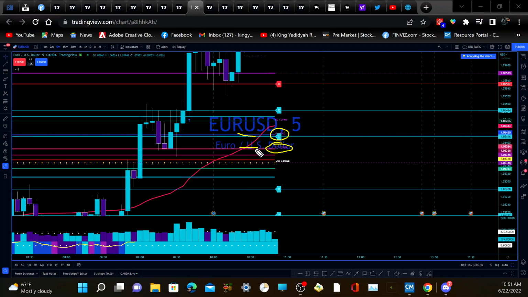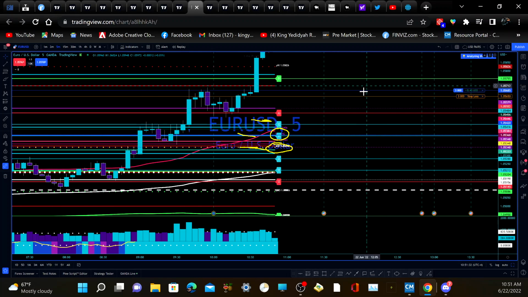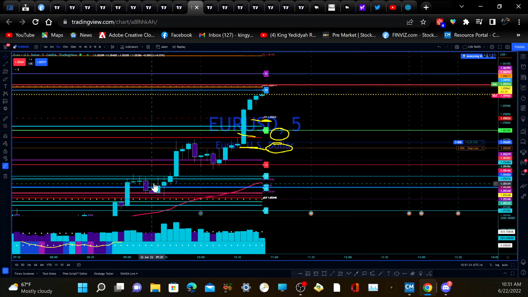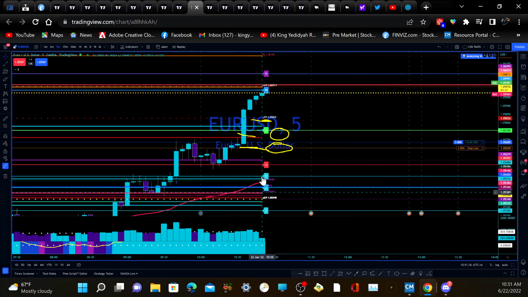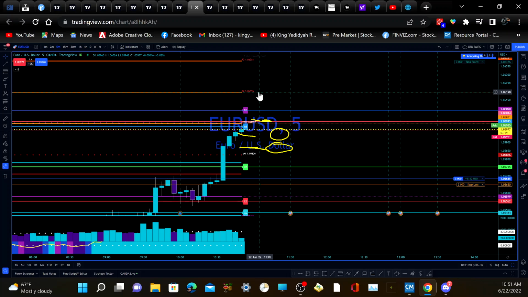This red line is the top central pivot, and this dark green line is the bottom central pivot, right? So when price touches those levels in a bullish run, you're not likely to get to R4. Once we touch these central pivots here, you're more likely to get to maybe R2, right?